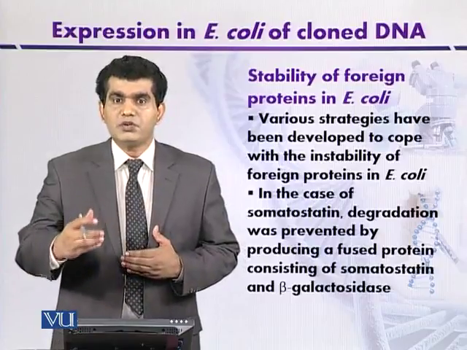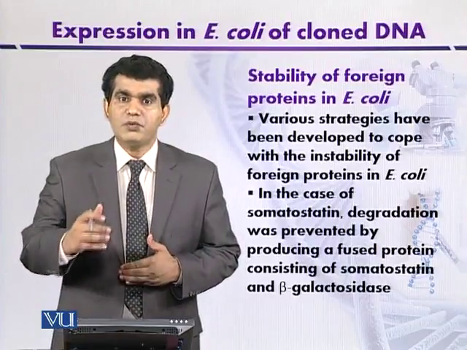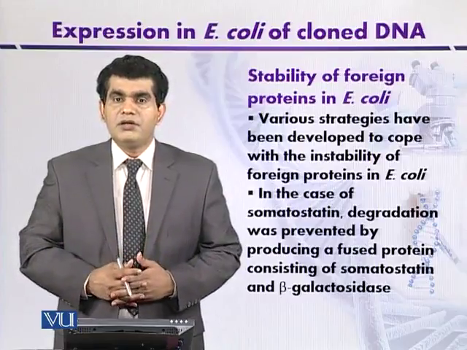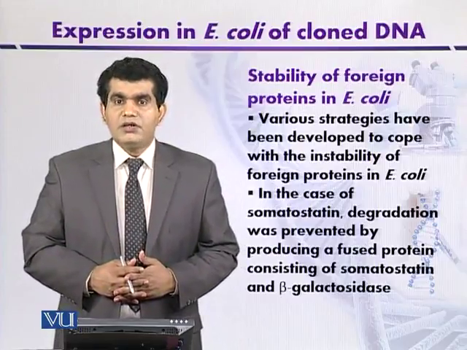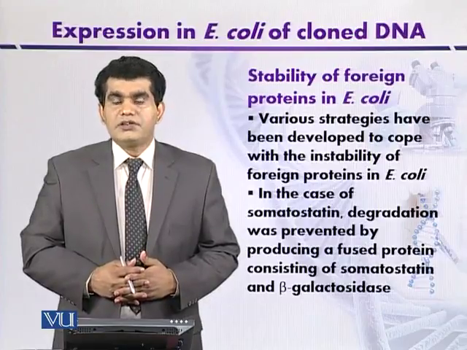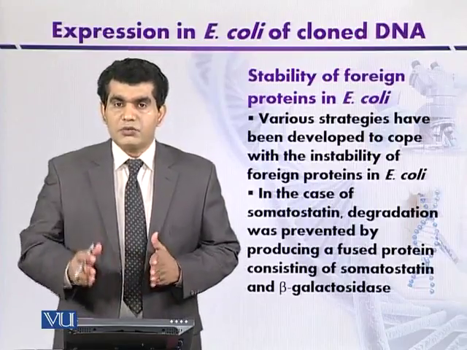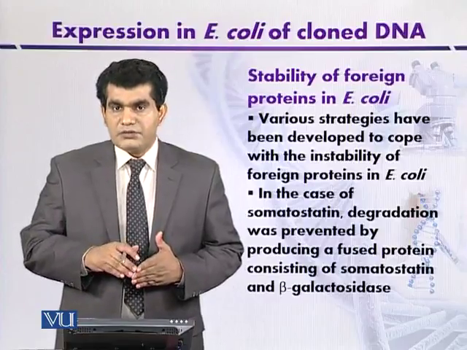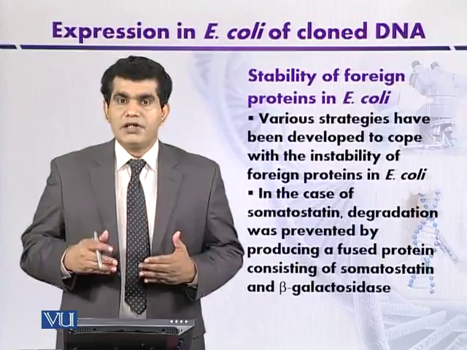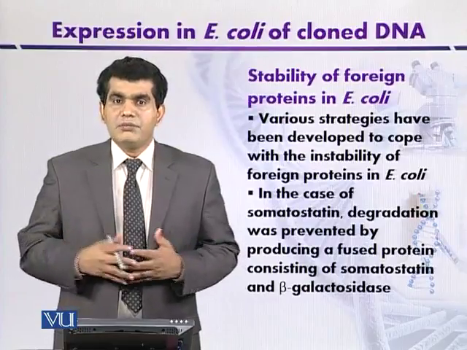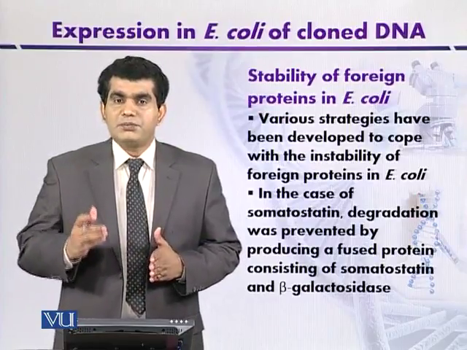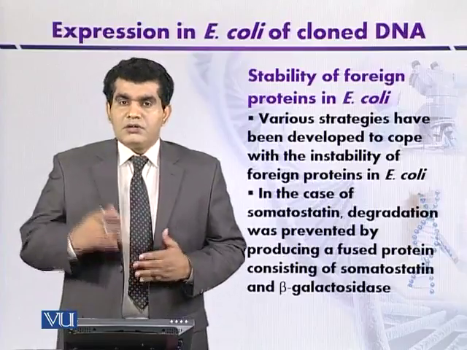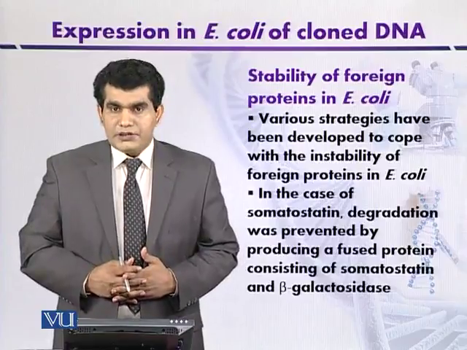Rat proinsulin can be expressed as a fusion protein with an enzyme, beta galactosidase. In the form of fusion proteins, their stability is increased, and later on the native protein can be cleaved with the help of a chemical like cyanogen bromide to get the expressed protein from the fusion protein. So this is one of the strategies.